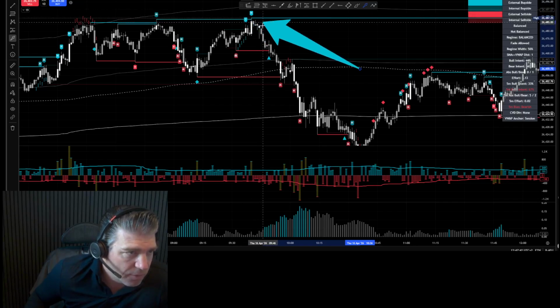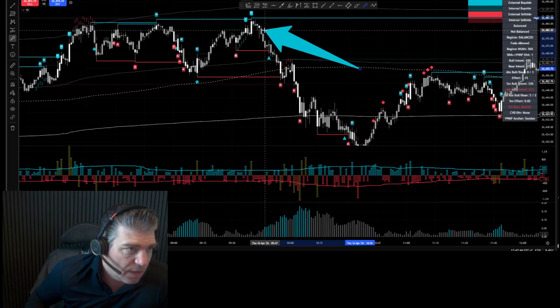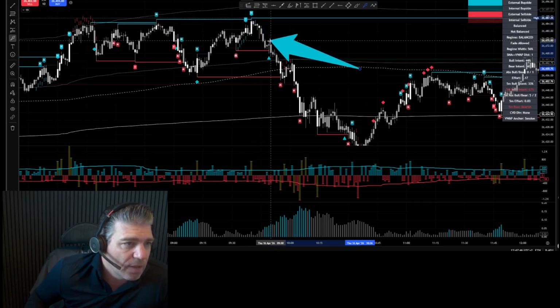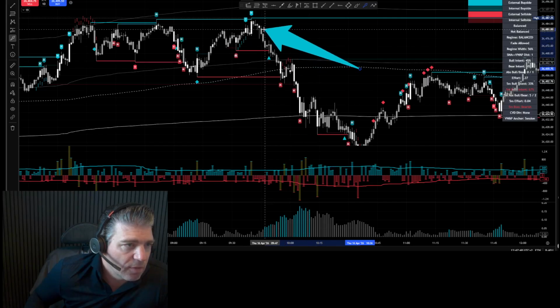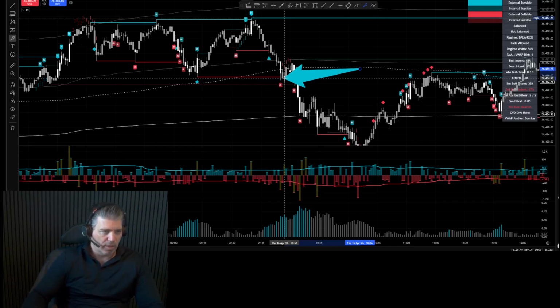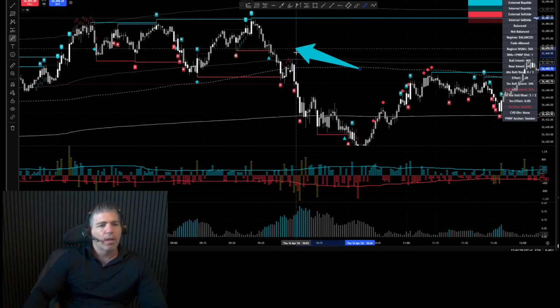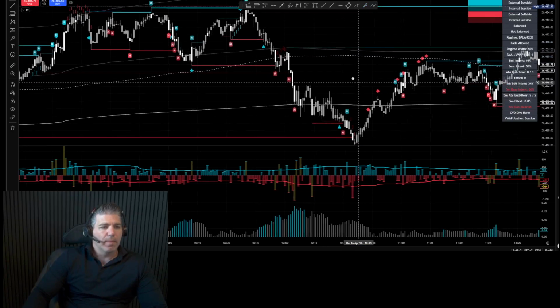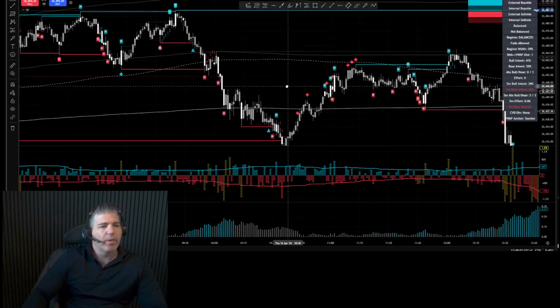If there's no follow-up, as you can see here, then you can take the short. And I took the short somewhere on the third candle, from here, targeting this external sell side liquidity again. That was the third trade.